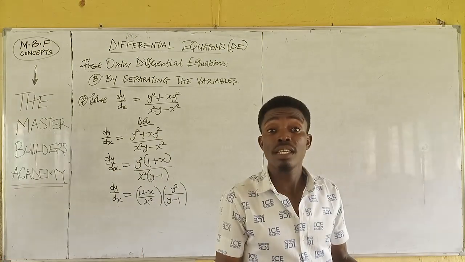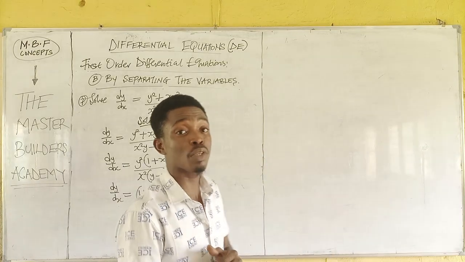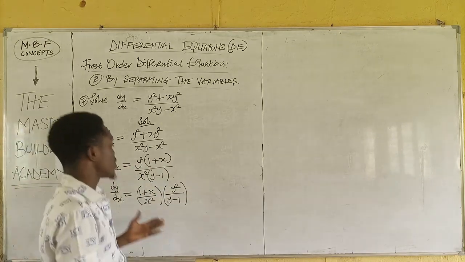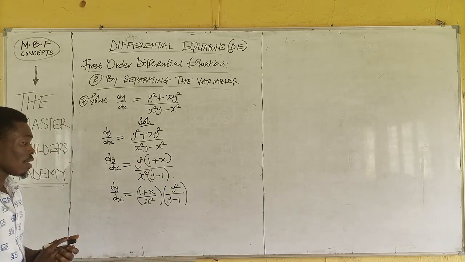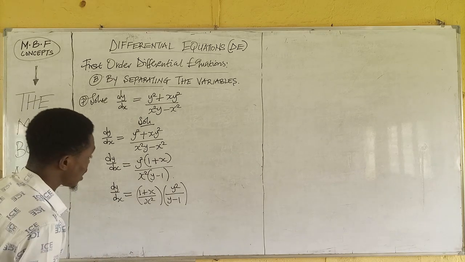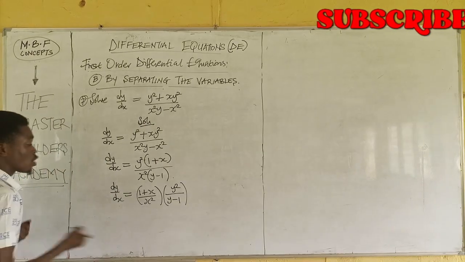And what next do we do? We now know that we are going to separate the variables, in as much as the relationship between x and y here has been deduced to be multiplication and division. Now we have a multiplication. So we separate x from y or y from x. Now how do we separate x from y?